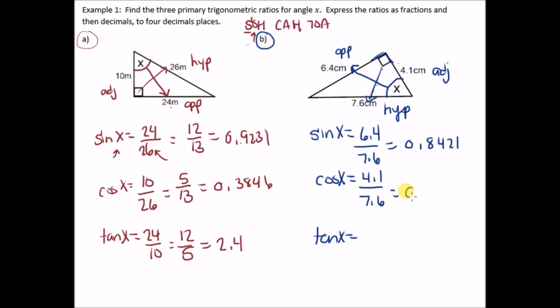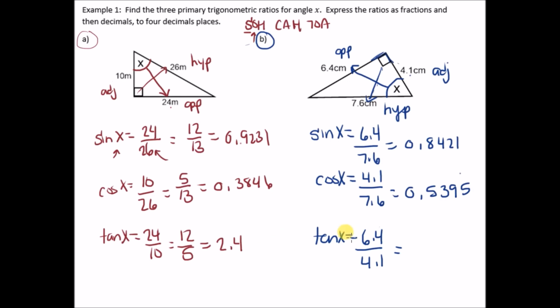Or as a decimal, we can write it as 0.5395, and that's rounded. Or we can have the tan ratio of x, 6.4 over 4.1. Again, opposite over adjacent, and we know that from the last section.